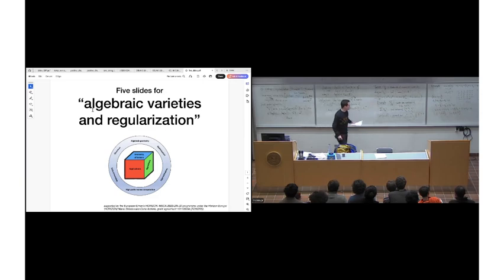A bit of terminology. Previously we had the analytic center in the log barrier regularization.